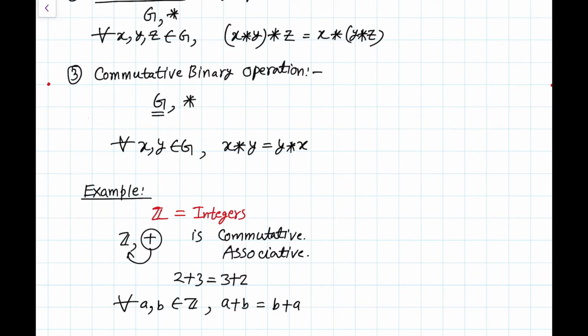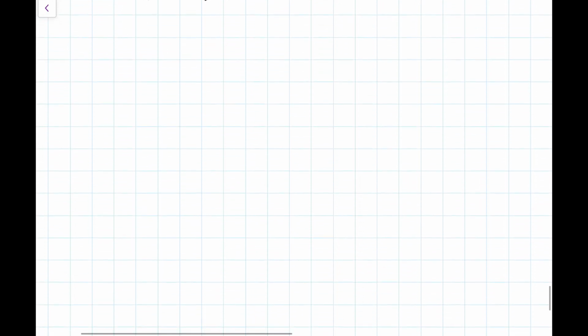So now we will define group. A group is an ordered pair (G, star), where G is a set and star is a binary operation.